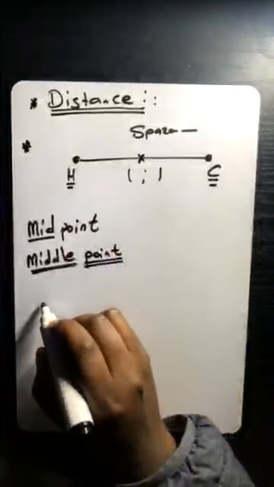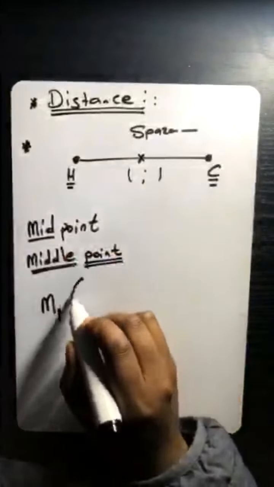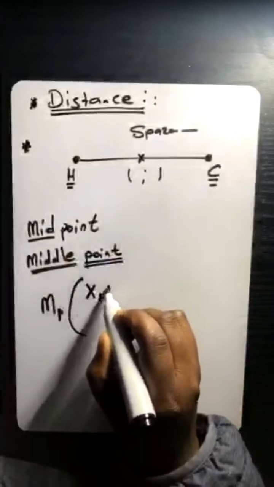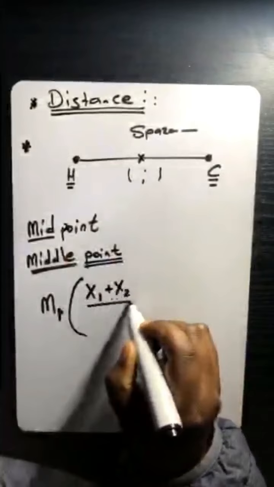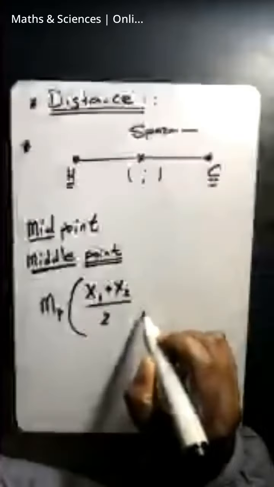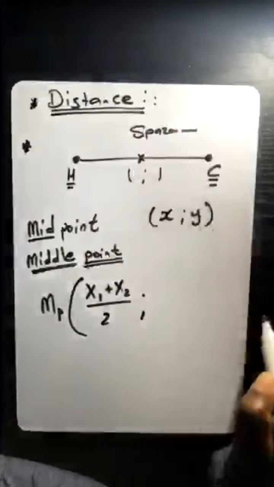It says the middle point is the sum of the 2 points, divided by 2. Remember, the coordinates have an x and a y value.